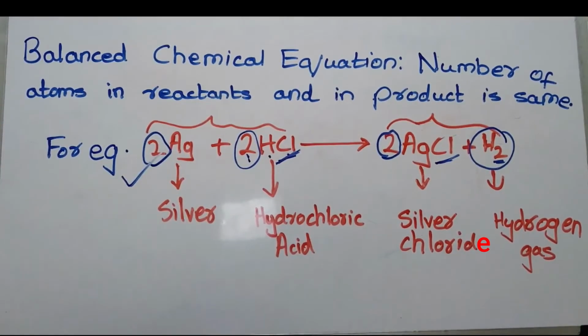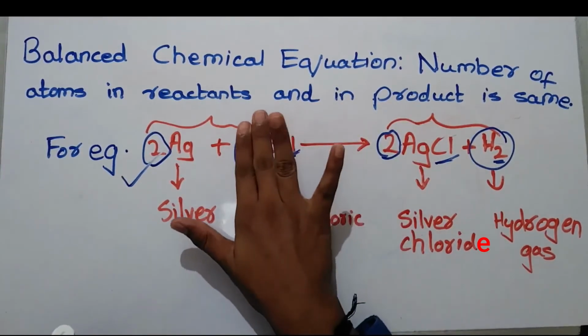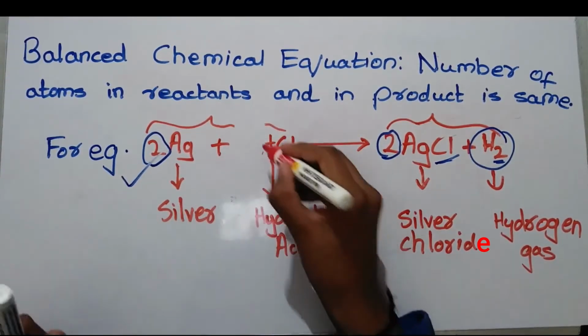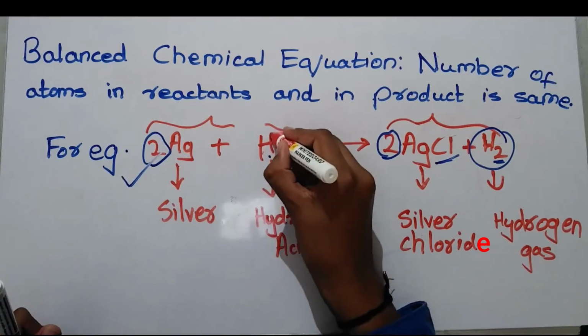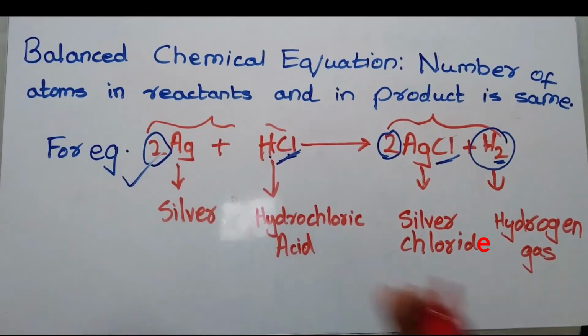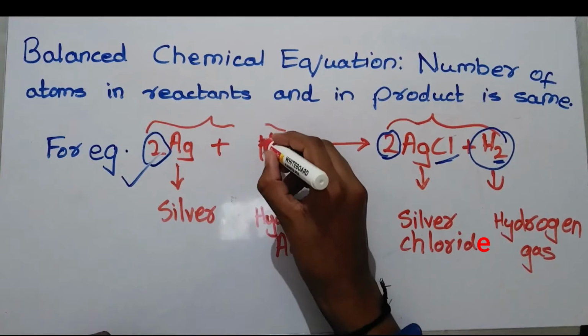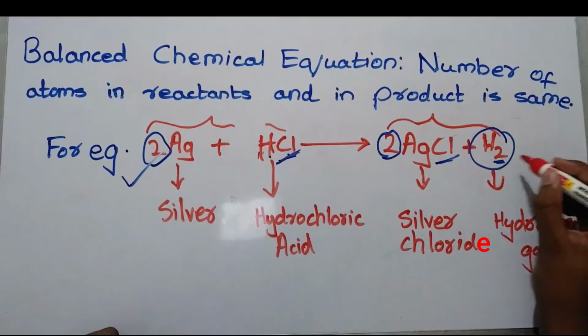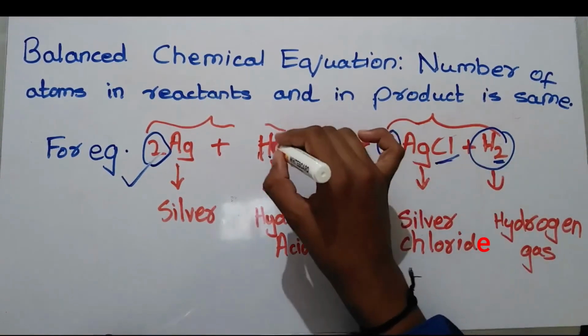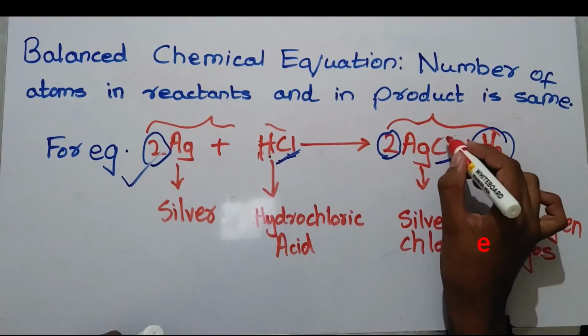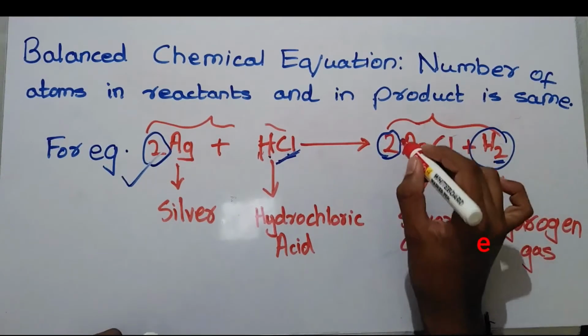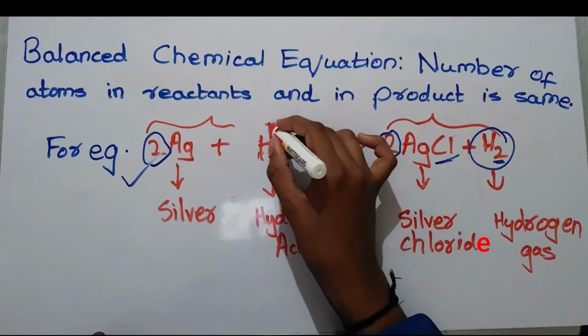So you can simply say that this equation is a balanced chemical equation. If I simply remove 2 from here and simply write HCl, then I need to balance this equation, because here H is only 1 and here H is 2. Moreover, here Cl is 1 and here it is 2. Here chlorine has 2 atoms and here chlorine has only 1 atom.